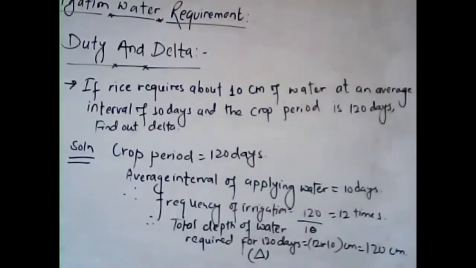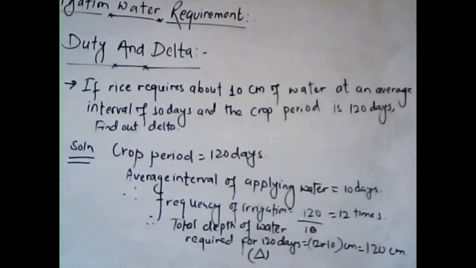Now friends, we have a problem of determination of delta, that is, the total depth of water required during the crop period. The question is: if rice requires about 10 centimeter of water at an average interval of 10 days and the crop period is 120 days, what is the delta for that crop period?